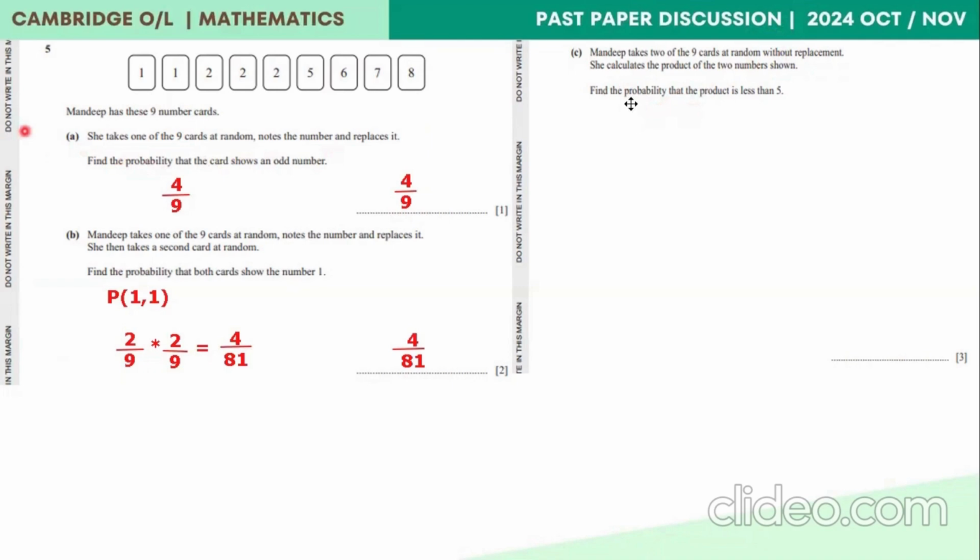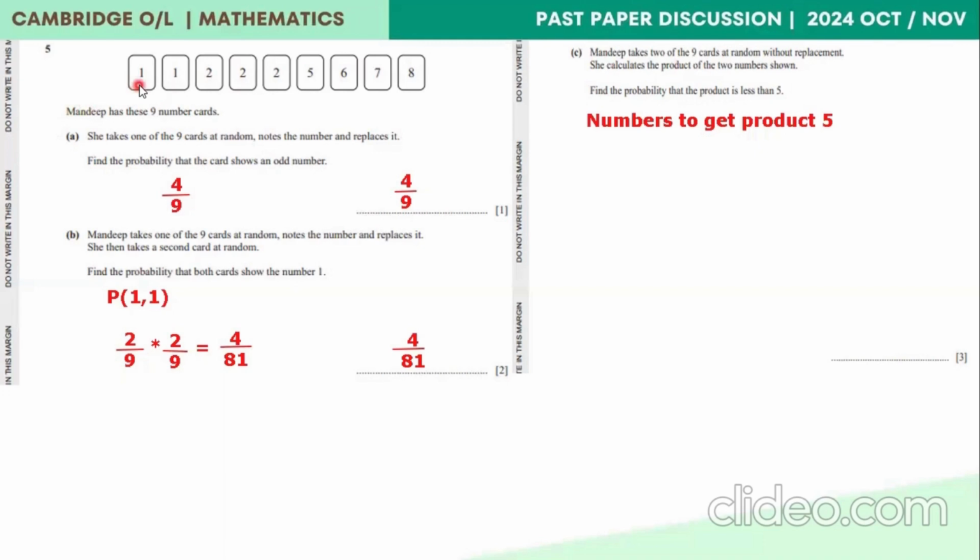So to get the product 5, the numbers we need, in other words the factors, are 1 into 2, 2 into 2, 2 into 2, or again 1 into 2.